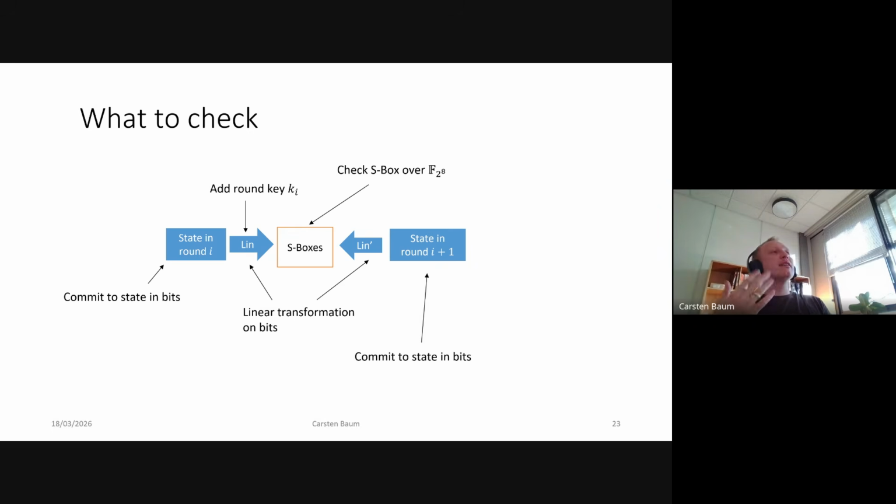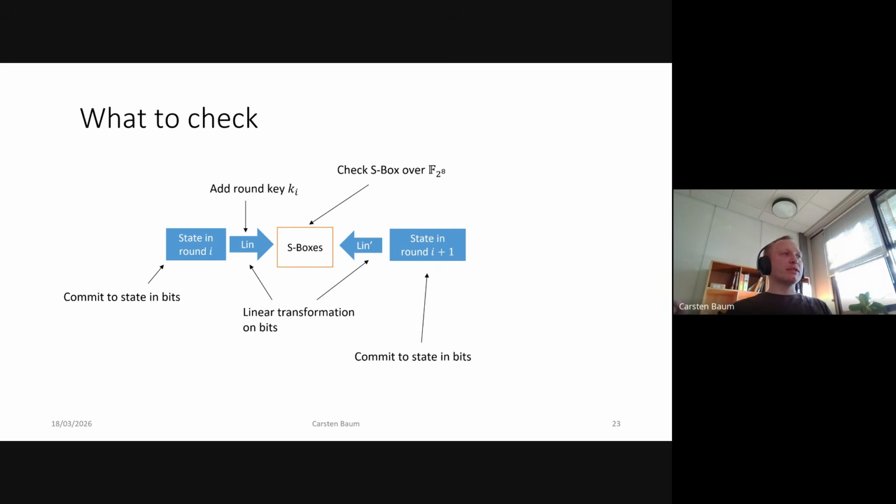So how you actually check evaluation of AES as a VOLE-based NIZK is the following. You commit to the states of every round as bit commitments. Then you apply the linear function, add the round key. All of this is committed to over F2. These things don't cost you anything in communication.